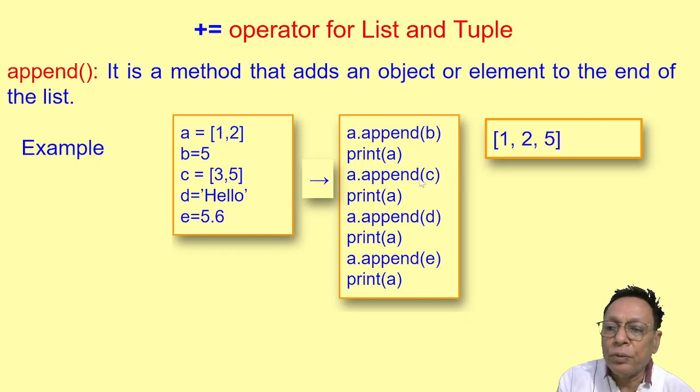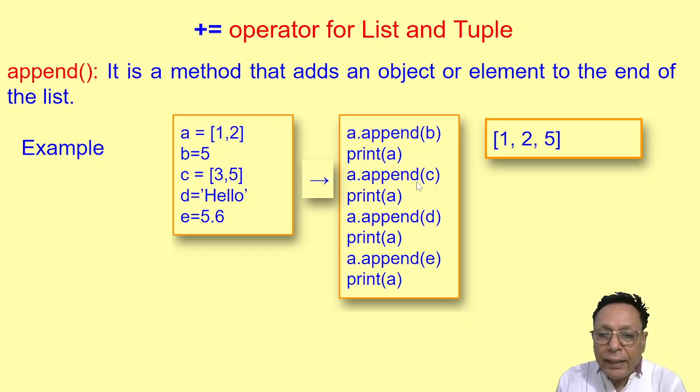the new value C, [3, 5], is again an object. This object will be added to the end of the list. List is another object and A is also an object, so this object is added to A as the next object.